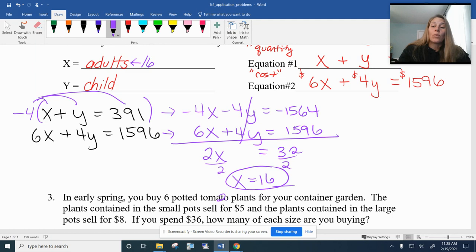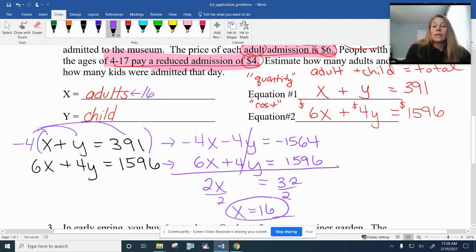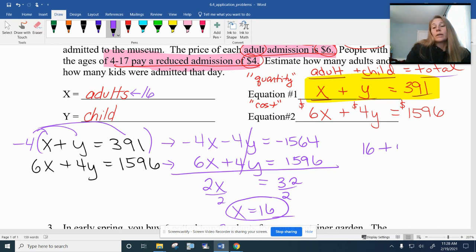So now I want to figure out how many children. So again, the number of adults plus the number of children equals the total, right? So I'm going to use the equation that's a little bit simpler to work with. I know that I have 16 adults plus y amount of children, and that's going to equal the total people, which was 391.